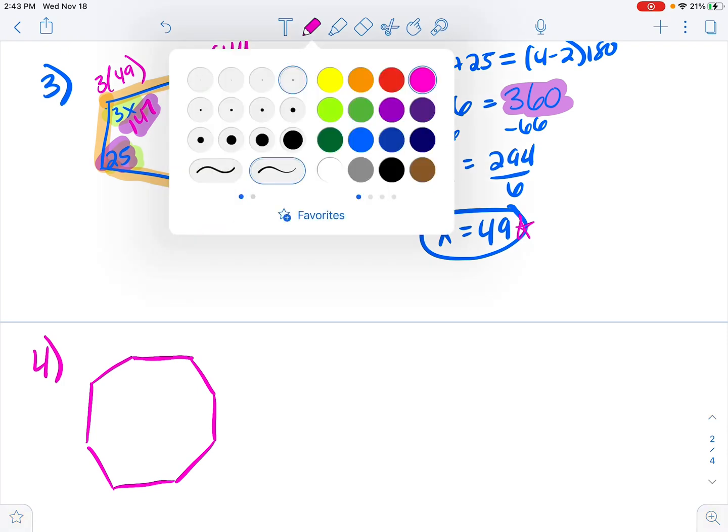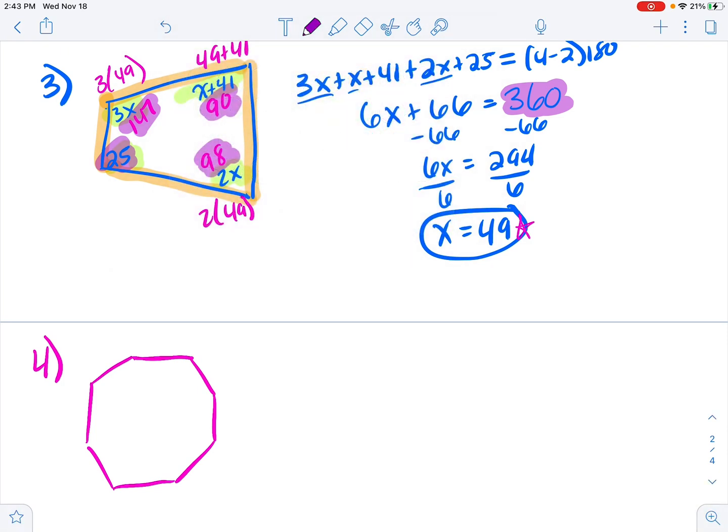So if you have this figure, sometimes you're going to have the exterior angles drawn in. Like this. And you might have some figures like this, some angles. We'll call that X. Call this X. We'll call this 10. Oh, forgot one.